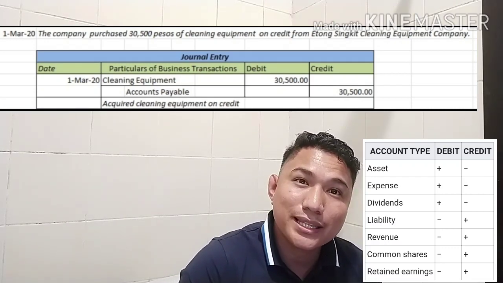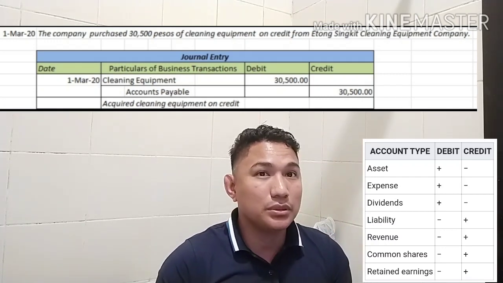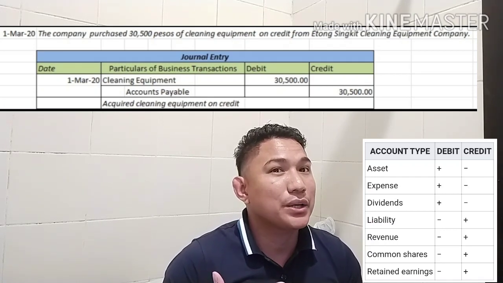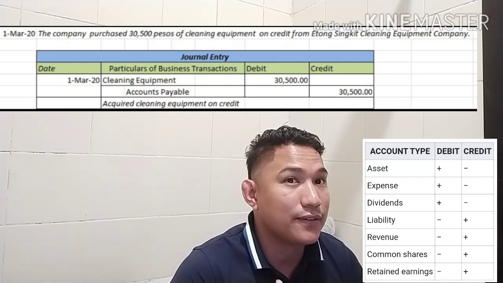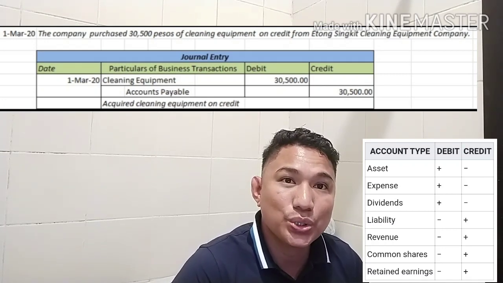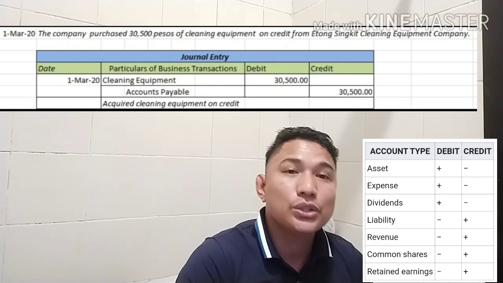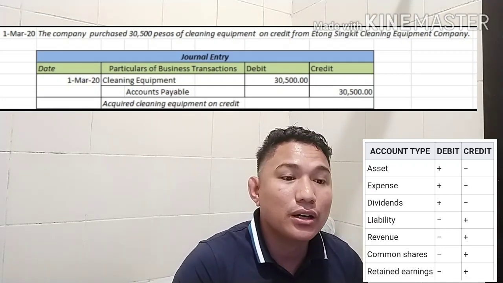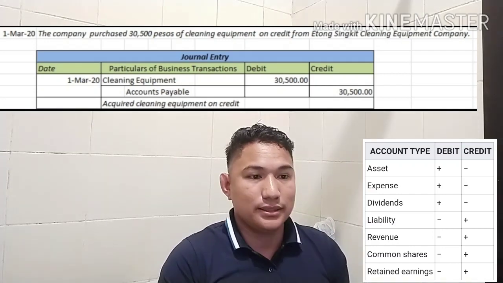Since you acquired the equipment on credit, you have accounts payable. Since you acquired equipment without paying cash, meaning you have the obligation to that company, you have the obligation to Etong Singkit company to pay in the future because of your acquisition of cleaning equipment.